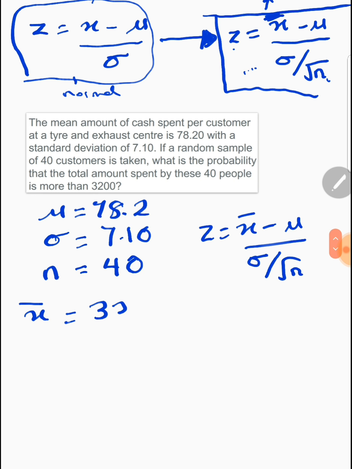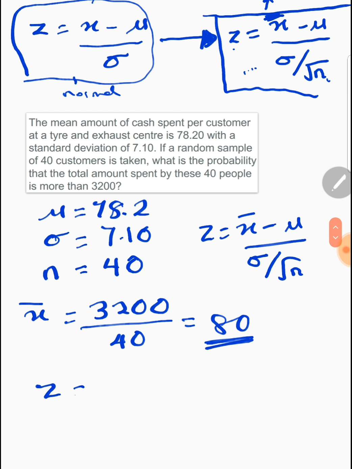So in this case, they're giving us 3,200. That's the amount. We want to get the probability that people spend more than 3,200 here. So we take the total amount, which is 3,200, divide by 40, and we get 80. This is something that we need to calculate by ourselves according to this question.